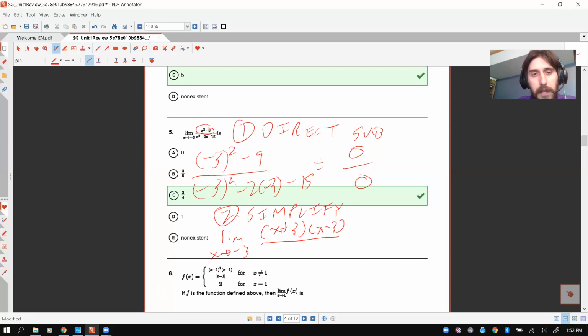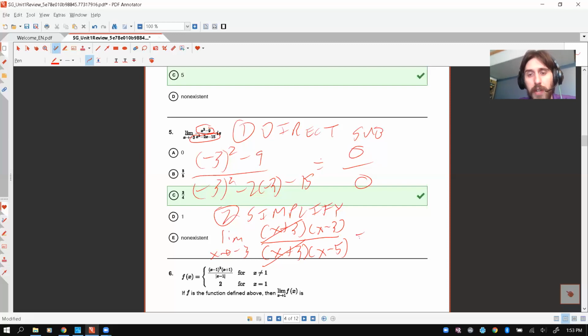And at the bottom, x squared minus 2x minus 15 factors to x plus 3 and x minus 5. And what you'll notice is that the x plus 3 factor is in the numerator and the denominator. So we can cancel it out and leave us with x minus 3 over x minus 5.